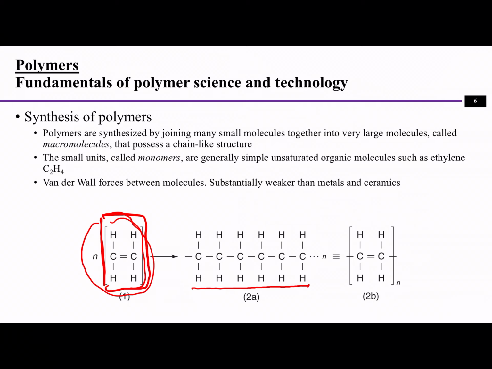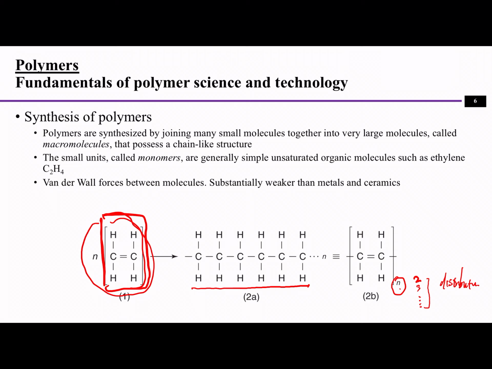And this n here is actually an average number, because in a polymer or plastic material there are chains of maybe 2, maybe 3, or many large numbers, and this forms a statistical distribution. This n is the average number for those.